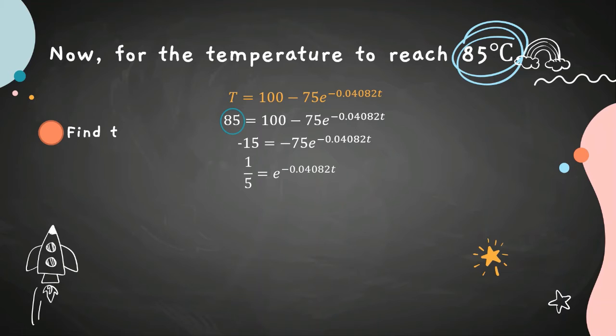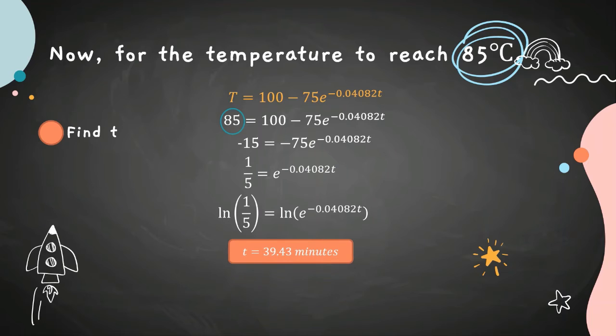We will get that e to the power of negative 0.0408t is equal to 1 over 5. And we will take ln of both sides, and we will get that the time taken for the metal bar to reach the 85 degrees Celsius temperature is 39.43 minutes.